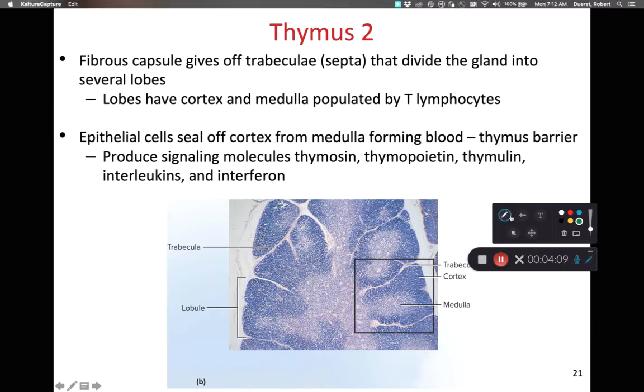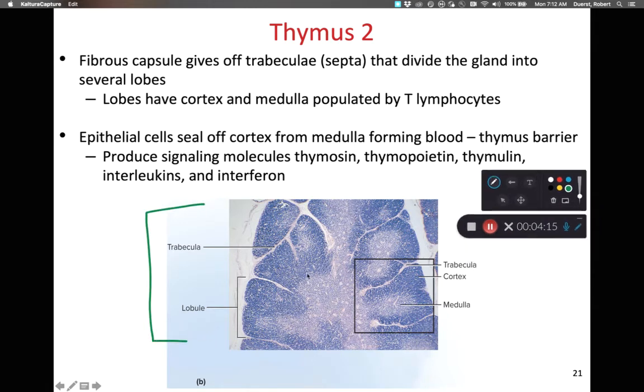As we look at our thymus in terms of its histology, we have a photomicrograph right down here for you. In that photomicrograph, we have a cortex and a medulla to the thymus. The cortex is stained darkly, and the medulla is stained lightly. We also are going to have invaginations of the capsule. So we have a capsular membrane wrapped around the outside, and then there are invaginations of the capsular tissue.